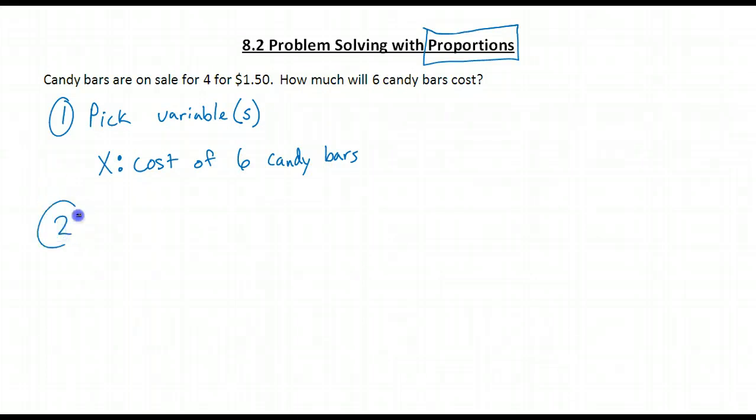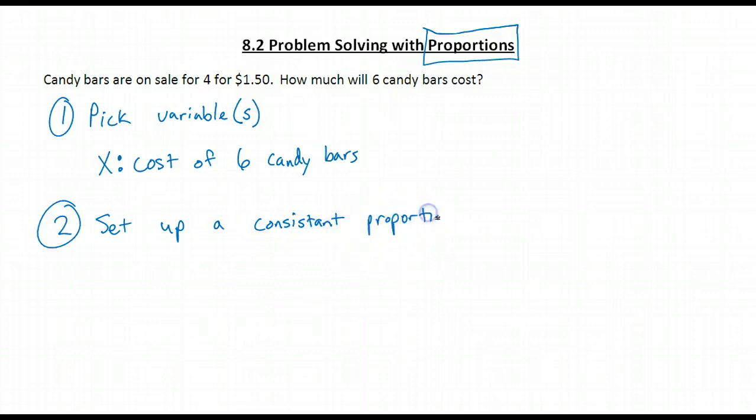Step 2. Set up a consistent proportion. Consistent means left and right, top and bottom are the same.